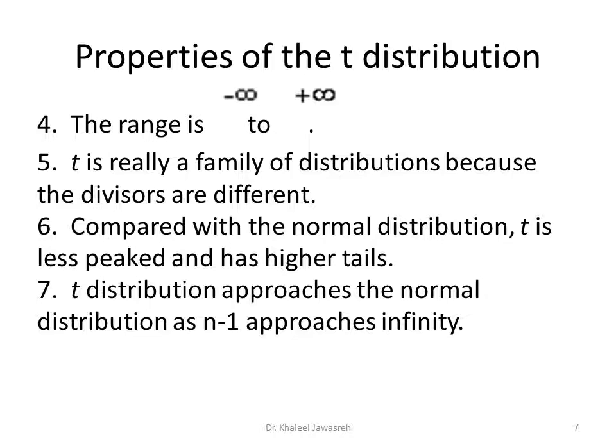Compared with the normal distribution, T is less peaked and has higher tails. If you imagine the normal distribution curve, the T distribution is less peaked than the normal distribution and has higher tails. You can imagine the right and left tails observed in the normal distribution, and also the same for the T, but it is less peaked.